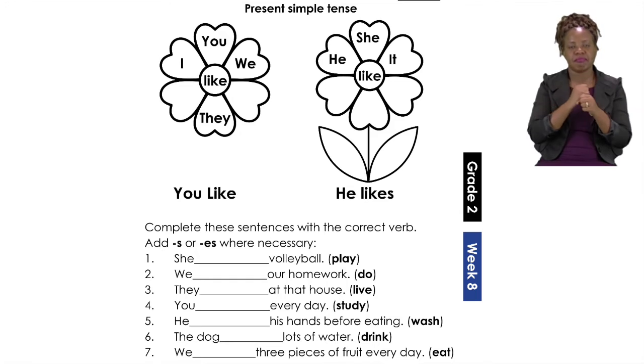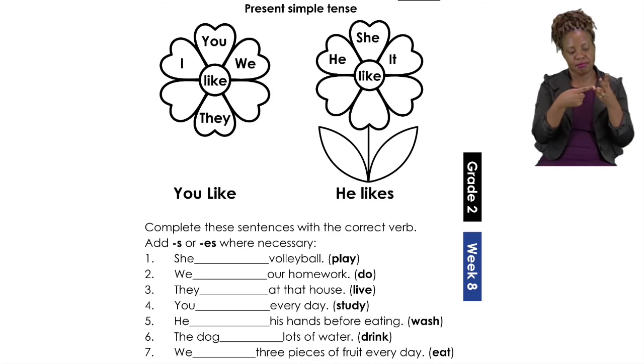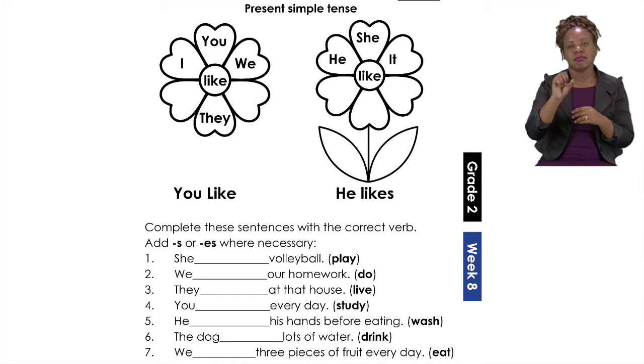But now the second flower has the words she, it, and he. For these three words, our flower makes the word like change into likes, because we are dealing with the present, meaning something that is happening right now.